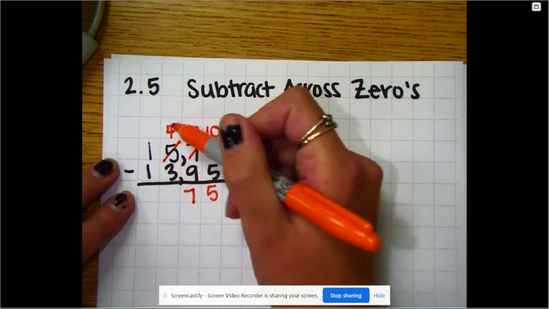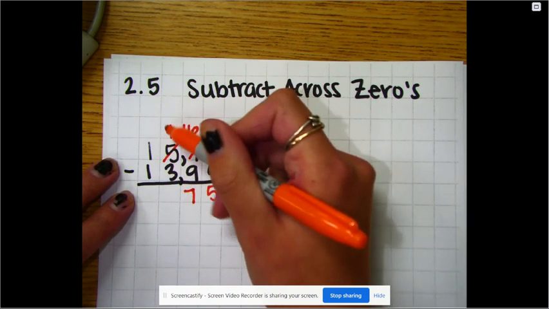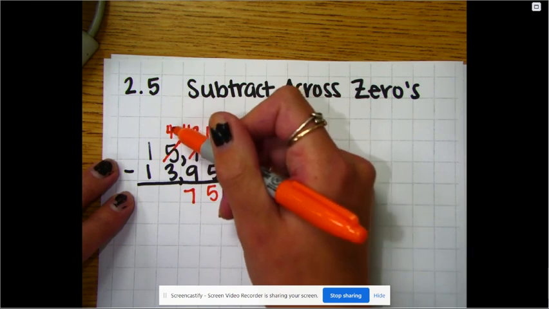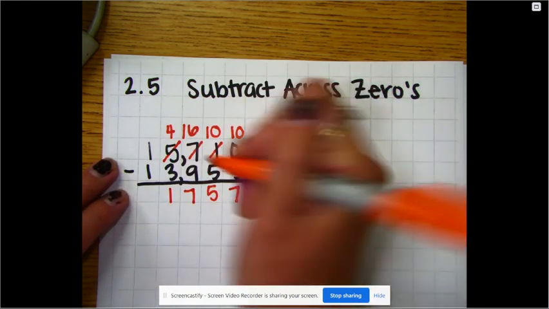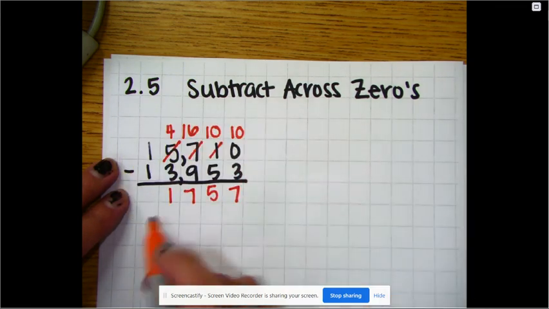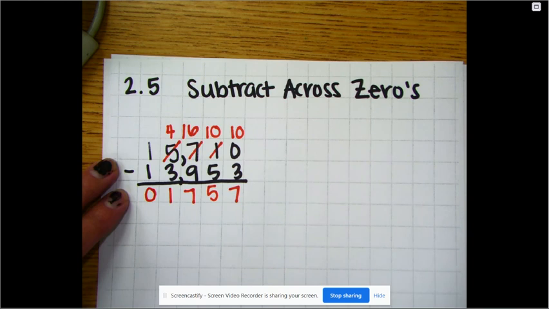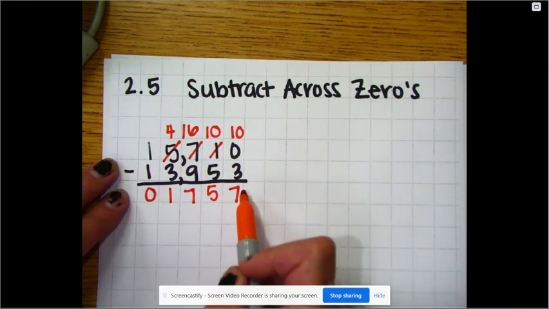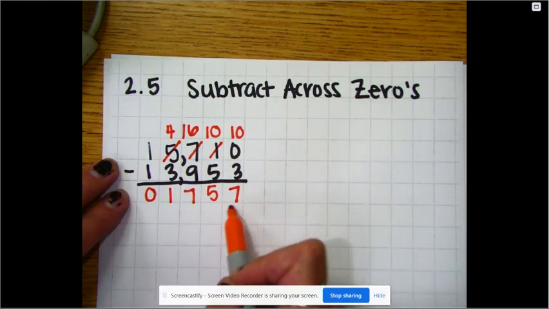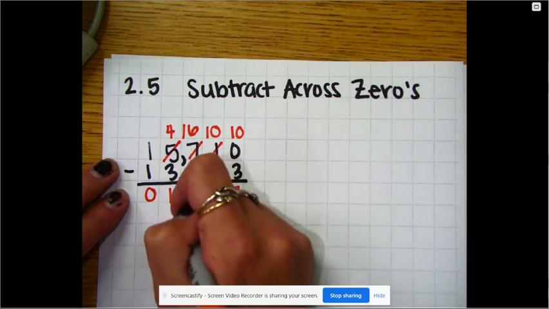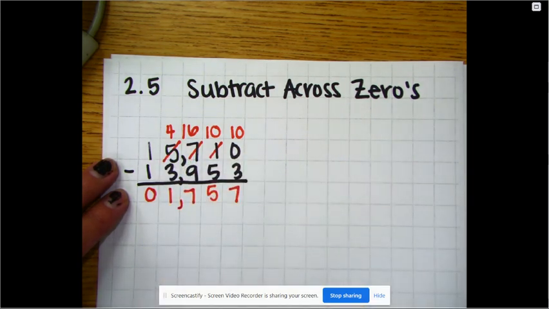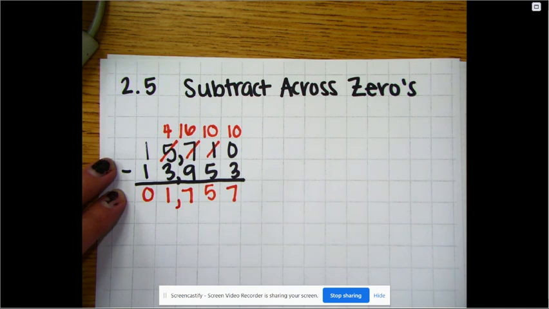I do not need to regroup on this one because 4 is a greater value. Therefore, 4 take away 3 is 1, and 1 take away 1 is 0. I can leave this blank, or I can fill in a 0 into the placeholder if you would like to. Final step, put our comma in. 1, 2, 3. Cha-cha-cha. There's our easier one.